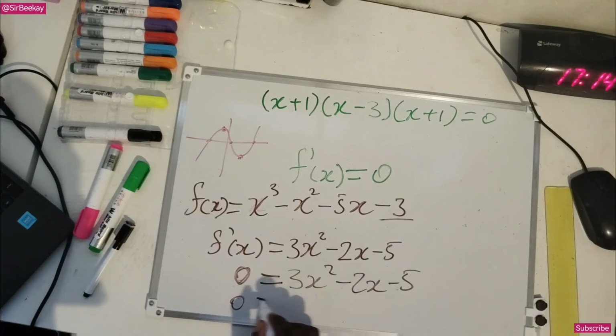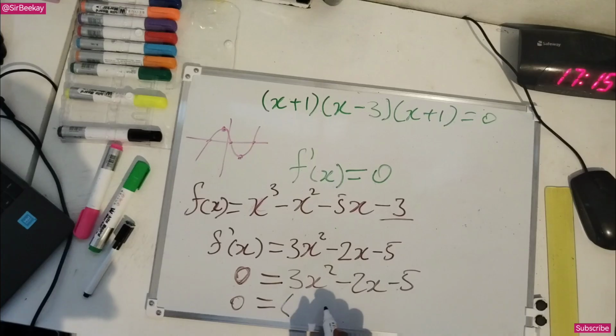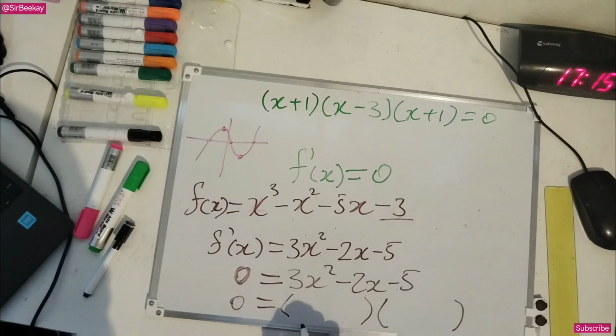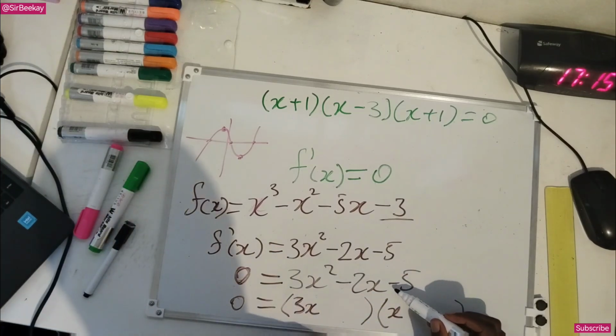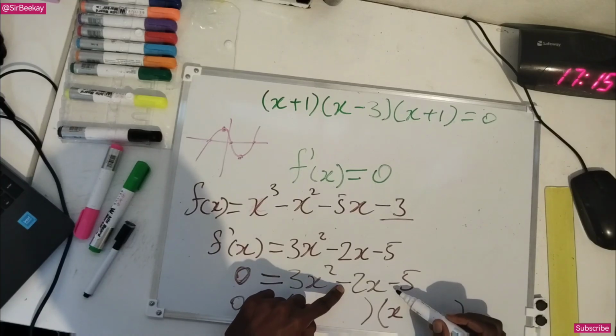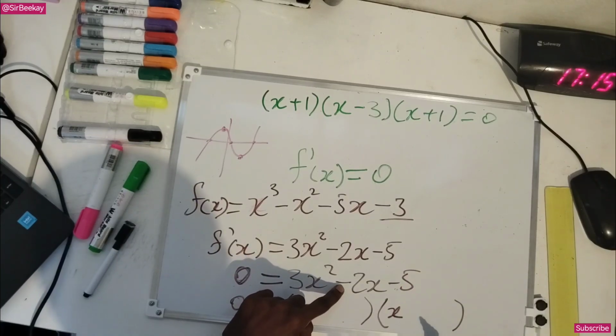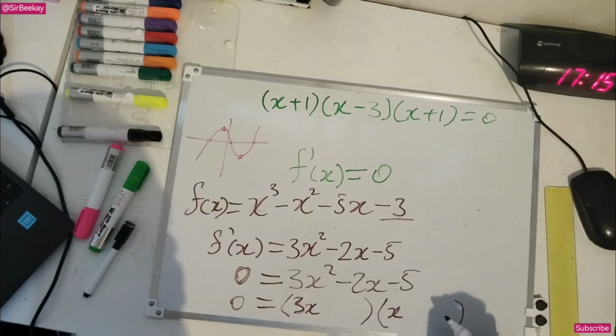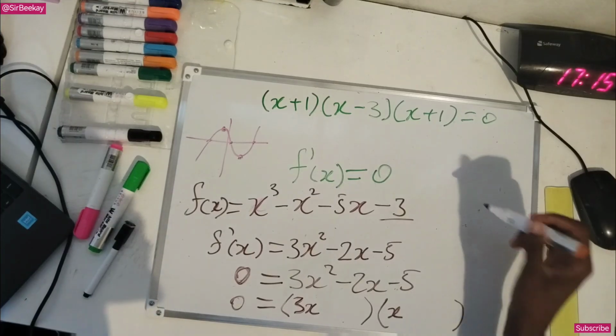Okay, let me try and squeeze it in. All right, 3x, x. The signs will not be the same, but the bigger number will take the negative sign. So which two numbers can I multiply for them to give me a 5?